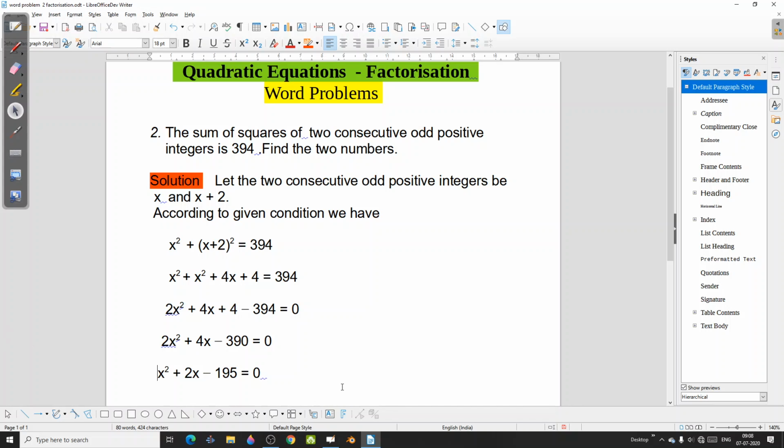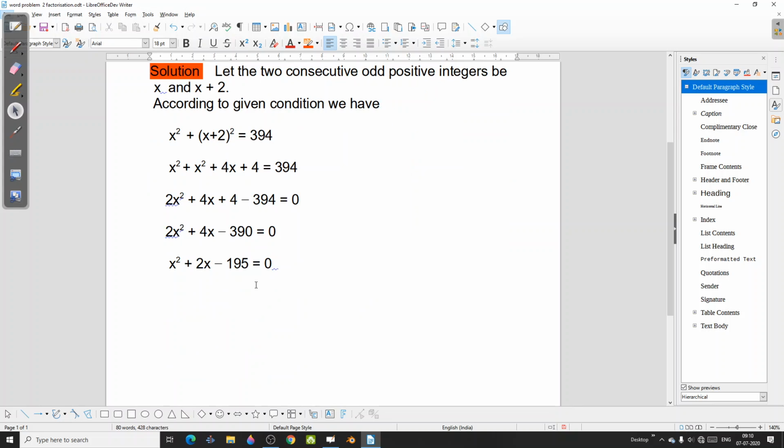Now we have to factorize minus 195 as a product of two numbers such that we get the difference between them as 2. So if you write minus 195 as a product of minus 13 and 15, we will get minus 195, and on adding them we get 2. So we rewrite 2 as minus 13 plus 15.